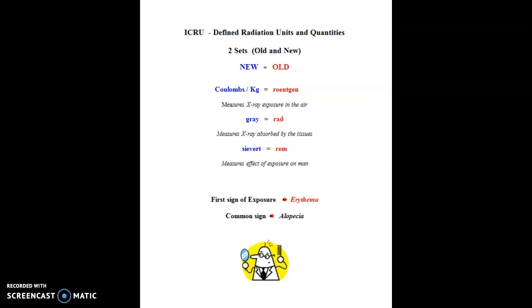You might say that 3 gray of radiation was absorbed by the person that was exposed. Okay, so the last set of terms measures the effect of the radiation. When you're using these terms, you're talking about the damage, and those terms are sievert or rem.